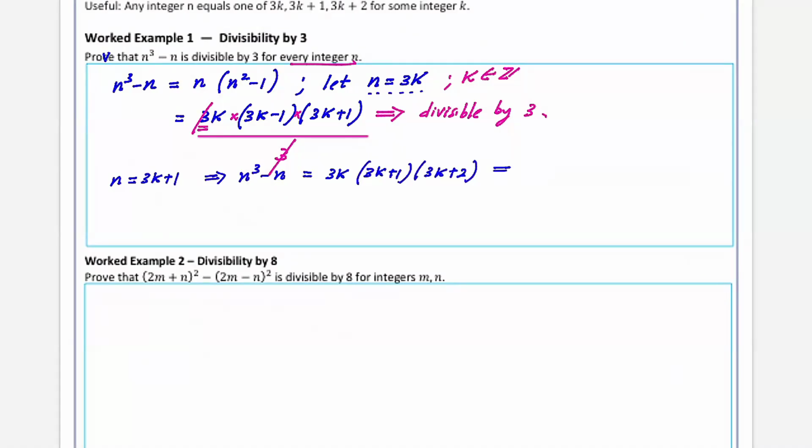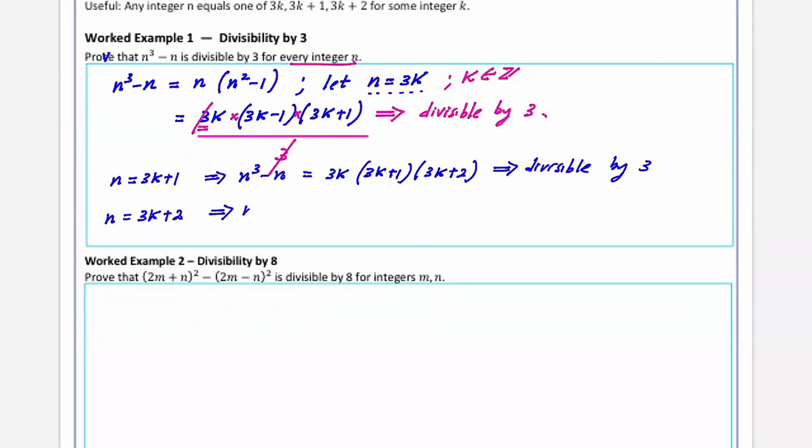So again, it is divisible by 3. We'll discuss this in a minute. Then also you have to check for the next one, 3k plus 2, right?